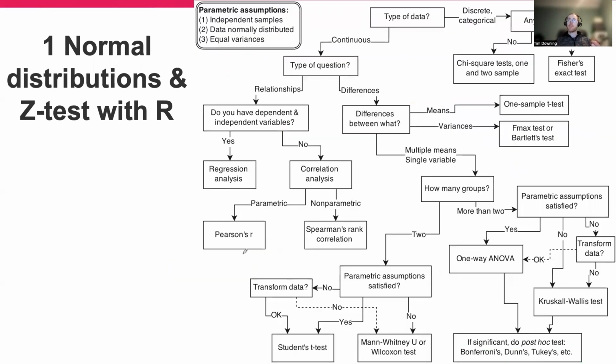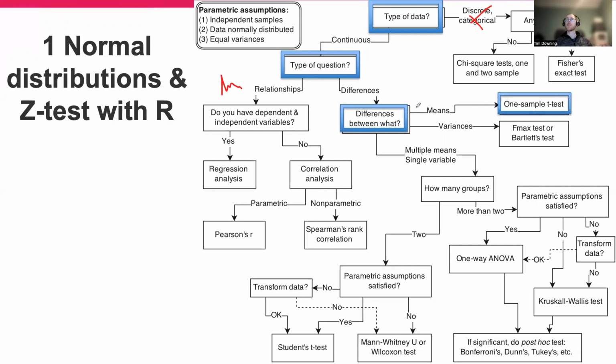So we had this picture before in ST1 where we're looking at different types of data, and here we're kind of steering away from the discrete towards the continuous end. So we're kind of heading down here to think about looking at differences between groups or relationships. Relationships would be some sort of linear model, which we don't have here. We're looking at differences, and we'll be looking at the means and variances of different groups.